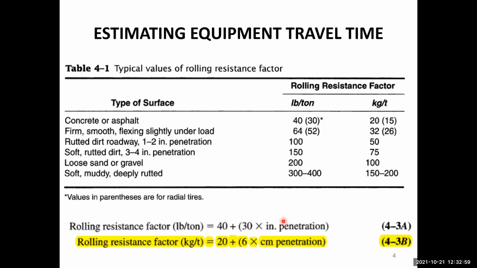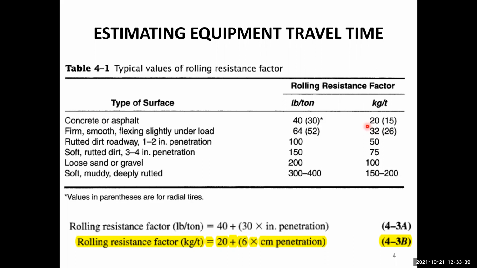Typical values of the rolling resistance can be determined from this table. For example, if it is a concrete or asphalt surface, that is, the pavement on which the trucks are moving is made of concrete or asphalt, then the rolling resistance will be about 20 kilogram per ton.